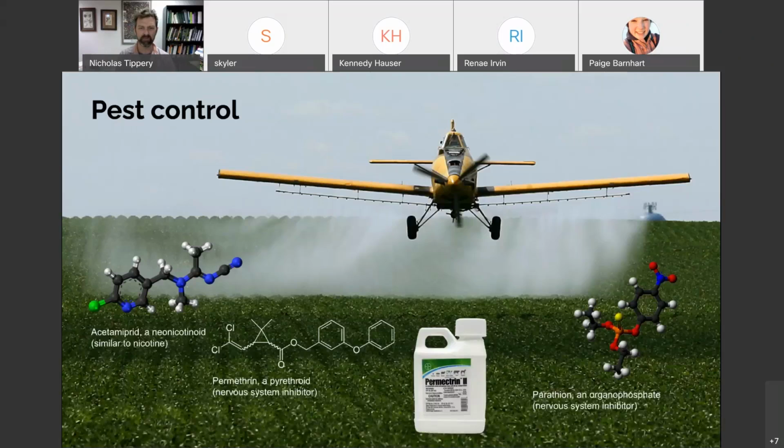And then kind of coming back around a little bit, so we talked about plants with their secondary compounds that they produce a lot of in defense, so defense against organisms that attack them. And a lot of our pest control options are derived from native molecules that plants make. So we've got a neonicotinoid you might have heard about.